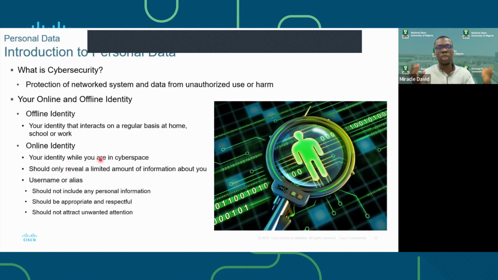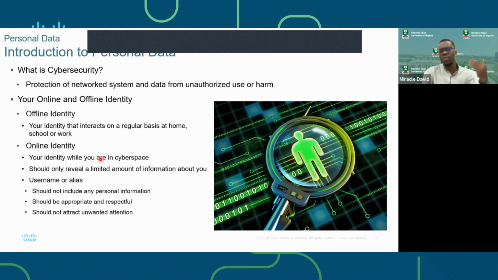So your identity while you are in cyberspace is your online identity. Now, there are some of us who are cyber aware and do not post much of our information online. What you want your online participants to know about you is what they know. So when you post your entire life online, everybody knows everything about you. So your online identity is what you actually upload, whether it's a shop like Jumia, or whether it's on Facebook.